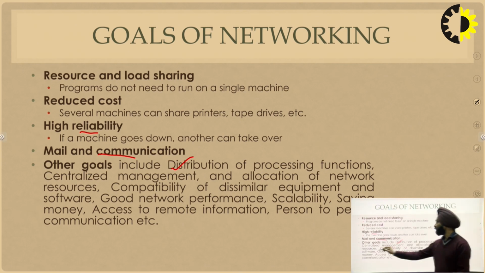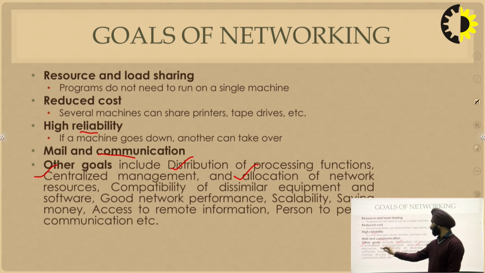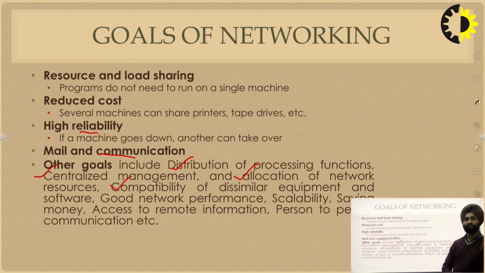Then centralized management. The management of the whole network can be done centrally. Then allocation of the network resources, for example, the printer example. Then compatibility of dissimilar equipment and software, where we can install one software in one network, and that can be used with the older version on the other device.